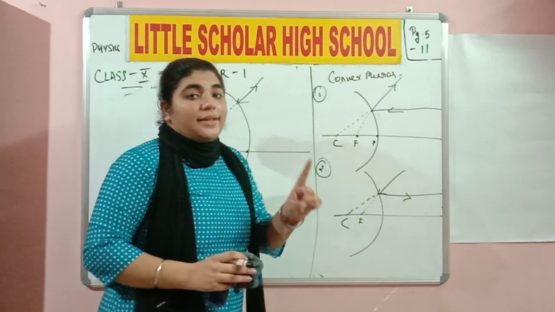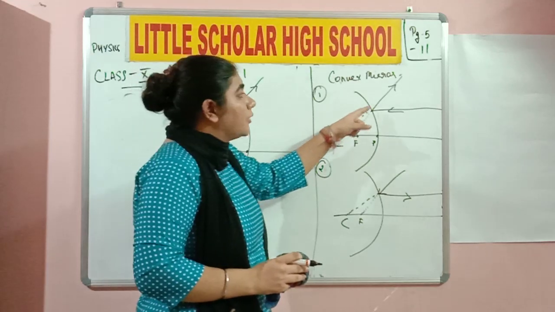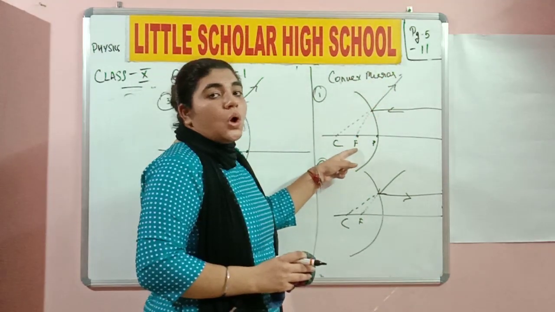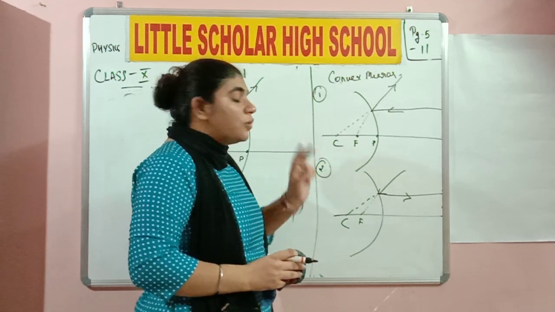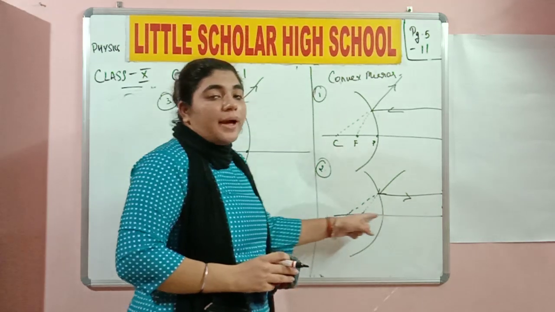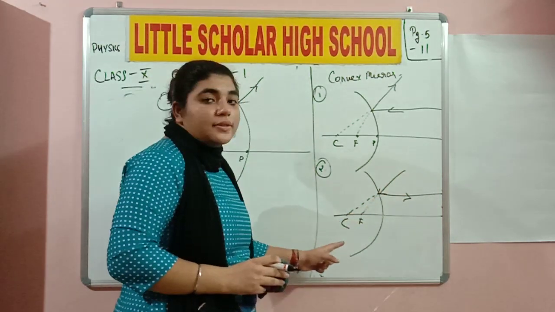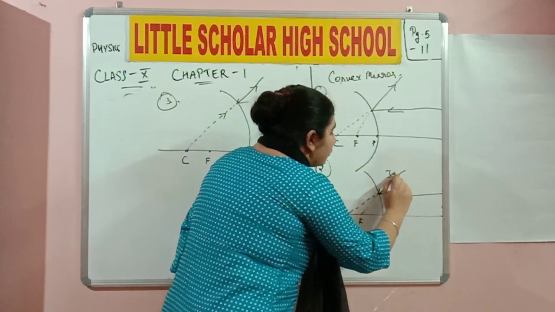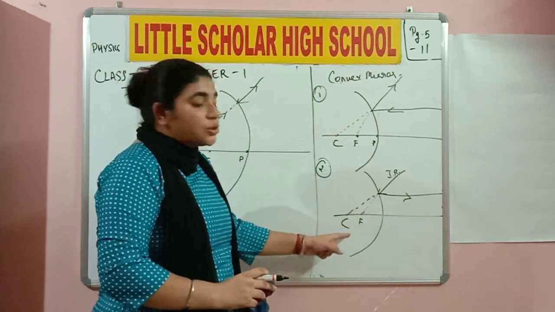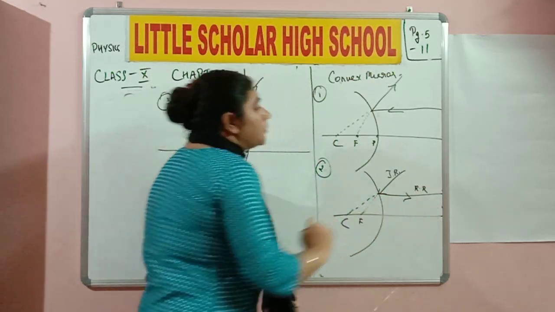The first one states that if the incident ray is parallel to the principal axis, the reflected ray is going to diverge and it appears as if it is coming from the focus of the convex mirror. The second rule states that if the incident ray is in the direction of the focus, the reflected ray is going to be parallel to the principal axis.